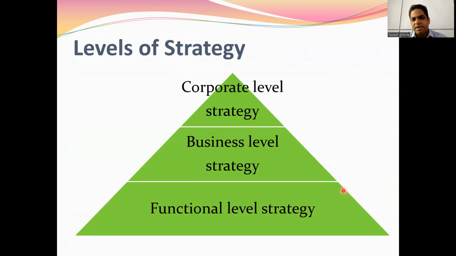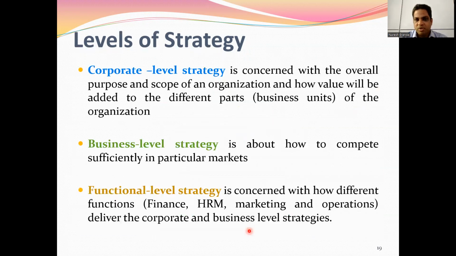These are the different levels of strategies. The top level we call corporate level, then business level, and then functional level. Let's look into each of these very briefly, because we have separate lessons for each of these areas. What is corporate level? It talks about the organization as a whole, most bigger companies, conglomerates, which are a collection of different SBUs, strategic business units.